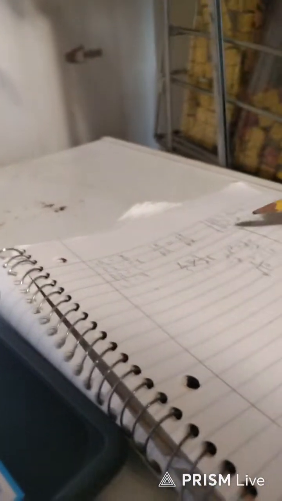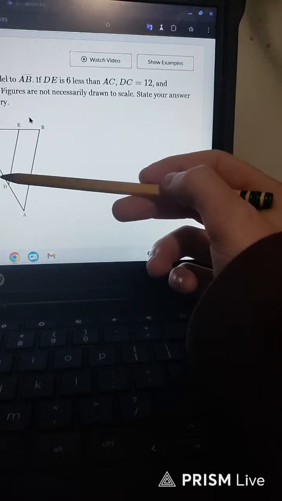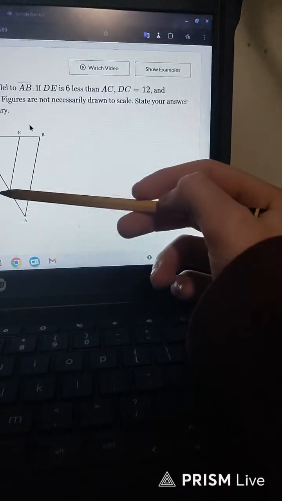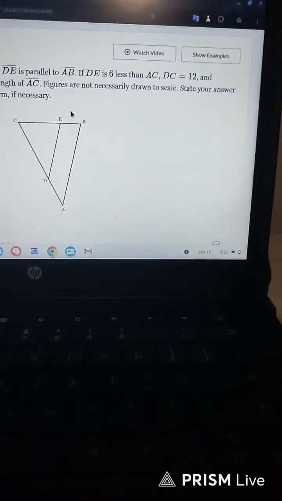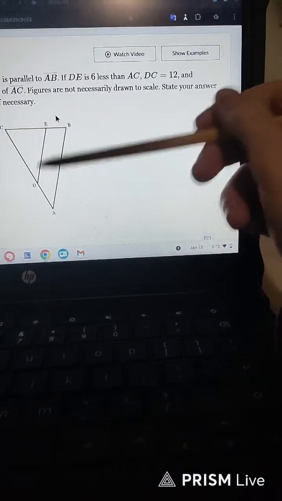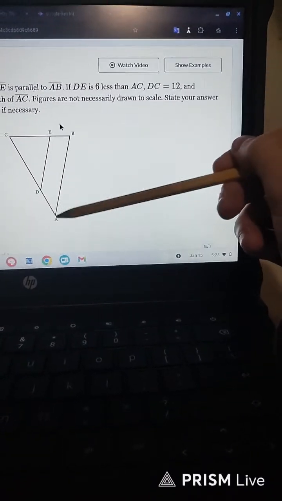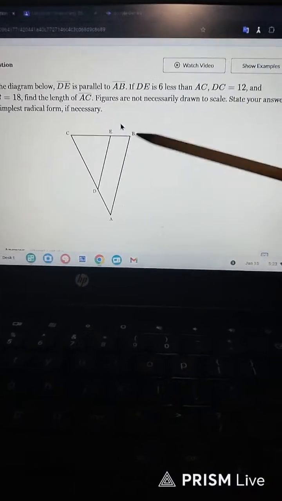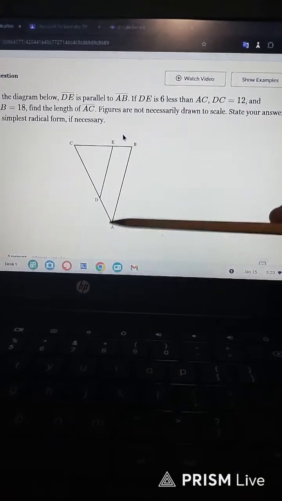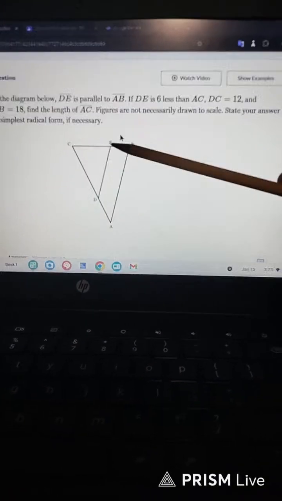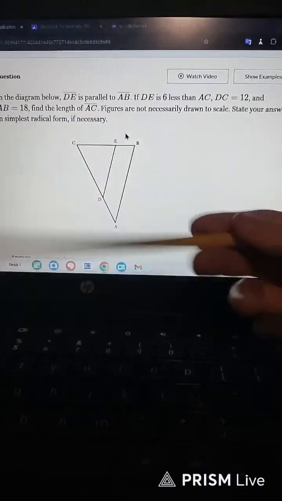Wait, hold on. Alright. So DC is 12, and DE is 6 less than AC, and AB is 18. So we want to do the long and shorten first triangle.